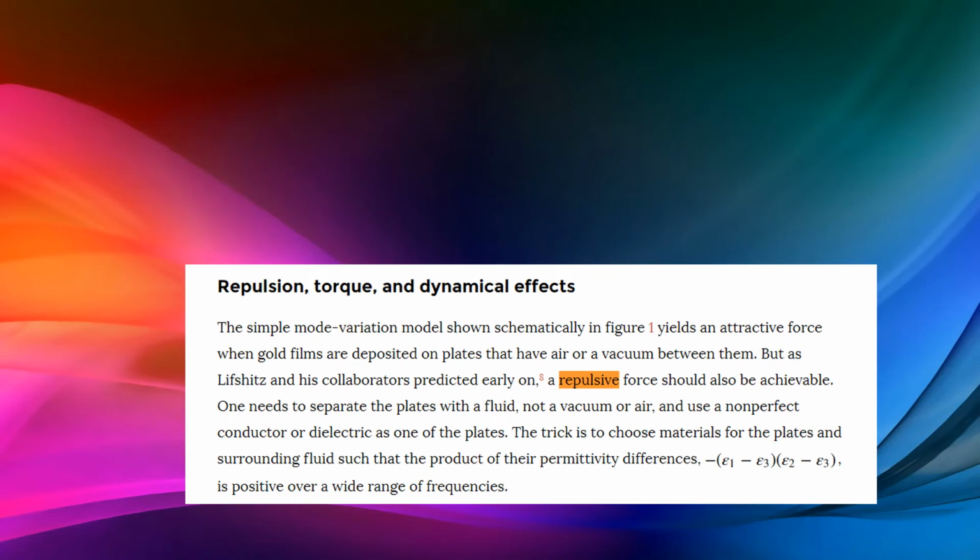And interestingly enough, this also shows that the effect can be seen with a fluid, not just vacuum or a gas. That's interesting, because it does mean that in theory this could be used within liquid systems, although that might be more in depth than what I want to go into.